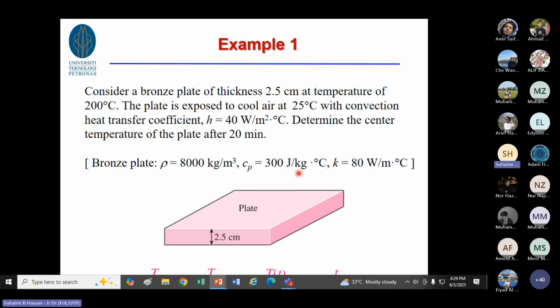Any concern? Because we understand that 200 is initial, exposed to cool air. So it means that 200 is cooling down to another certain temperature at 20 minutes. So we are looking to determine the center temperature. So they are looking for what is the final temperature after 20 minutes exposed to the cool air at 25.